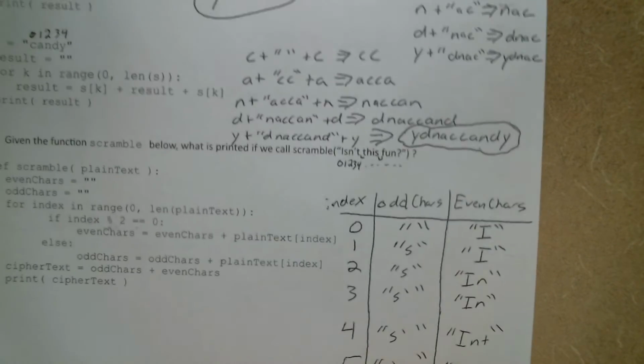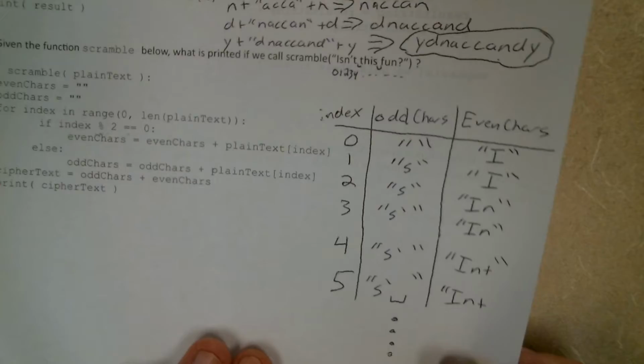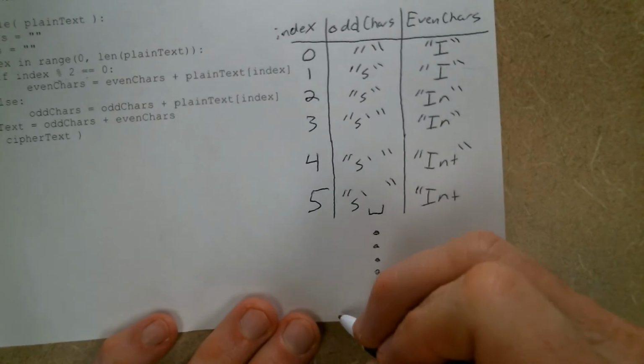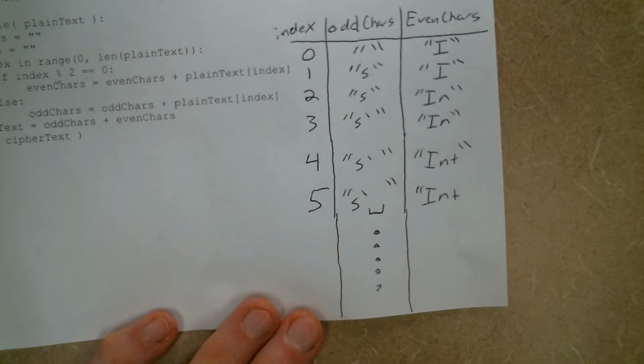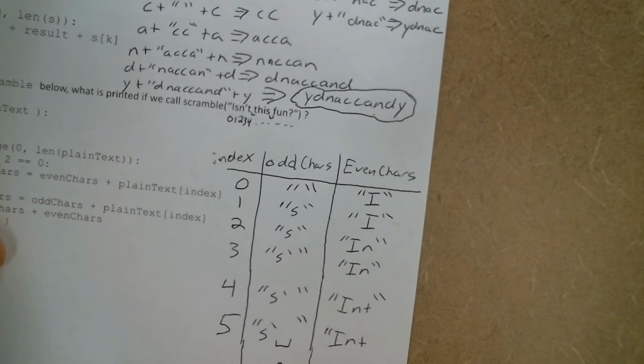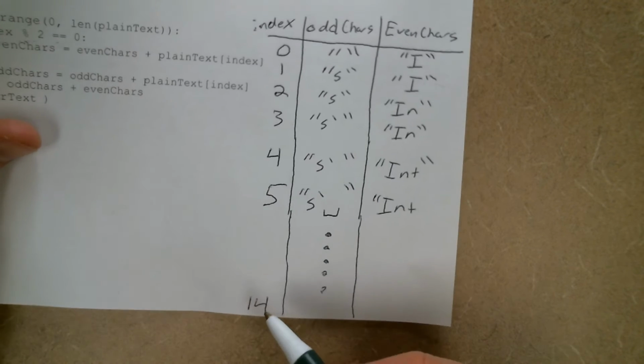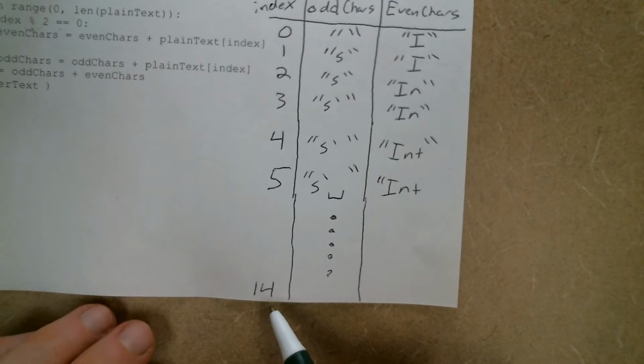All right. And eventually, when you get down to the very last index number, which is 14, because it's 1 less than the length of the string.